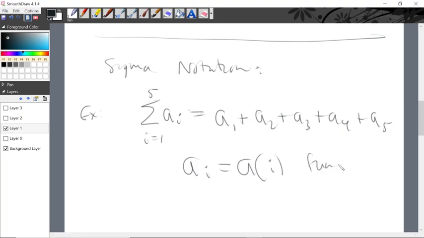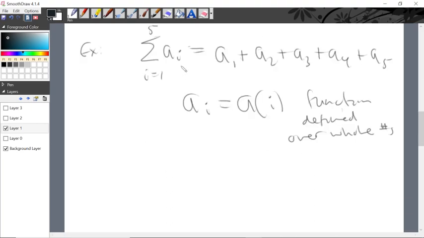It's really a function. But it is a function not defined over real numbers. It's a function here that is defined over the whole numbers only. So it's not a function that we're going to plug 1/2 into, or 2/3, or pi, for instance. We're going to plug values of the index into that function when we're defining it as a sequence. So the input is determining the order of the sequence.